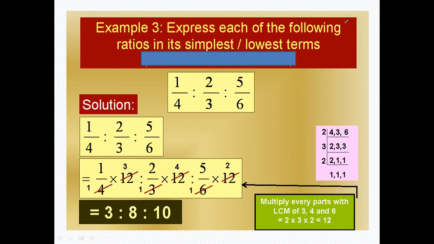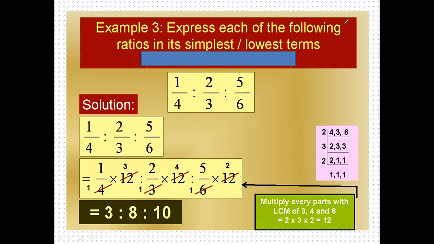And we can also use short division. So 12 and 24. Using short division, we can divide by 2, giving 6 and 12. We can divide by 2 again, giving 3 and 6.